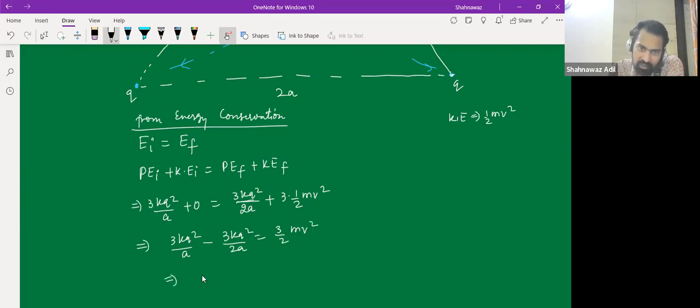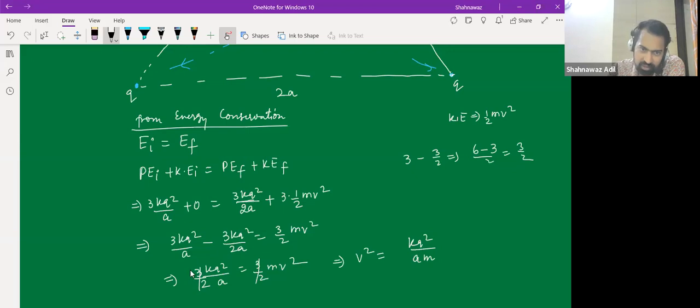So then we can calculate: this is 3 minus 3 by 2, which is 3 by 2, so we get 3 by 2 kq square by a equal to 3 by 2 mv square. The 3 by 2 cancels, and m goes in the denominator, so v square is kq square by am.